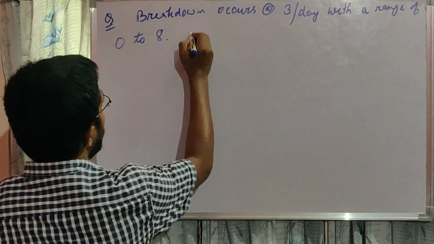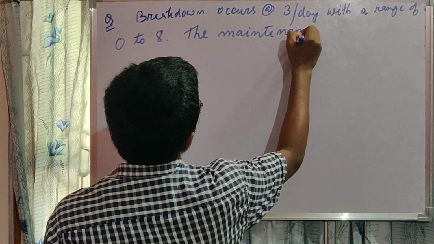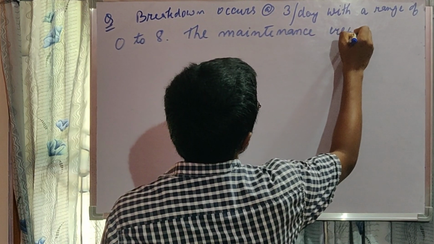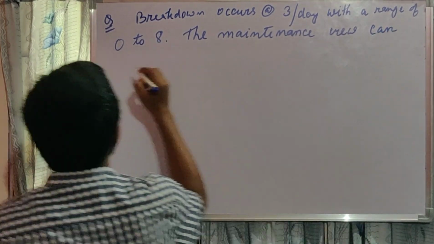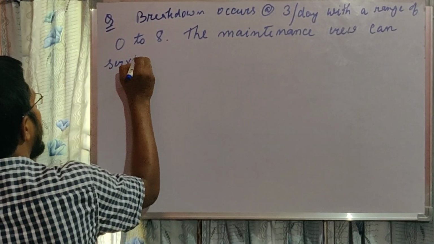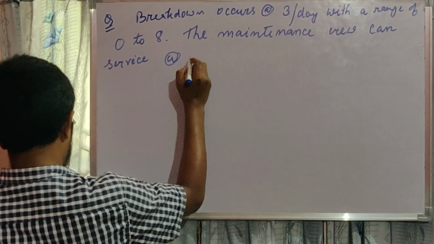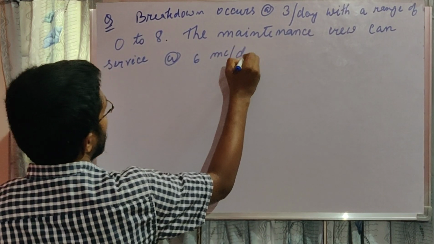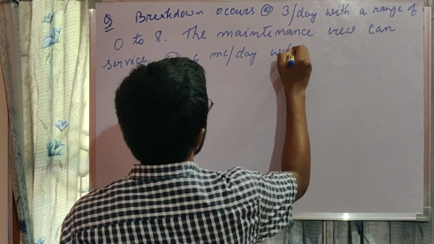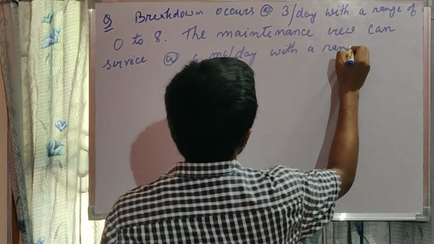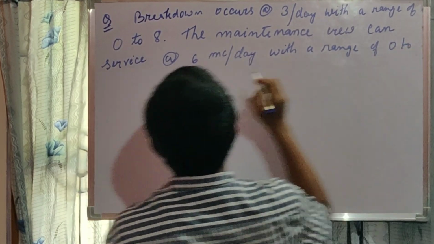The maintenance crew can service at the rate of 6 machines per day with a range of 0 to 7.